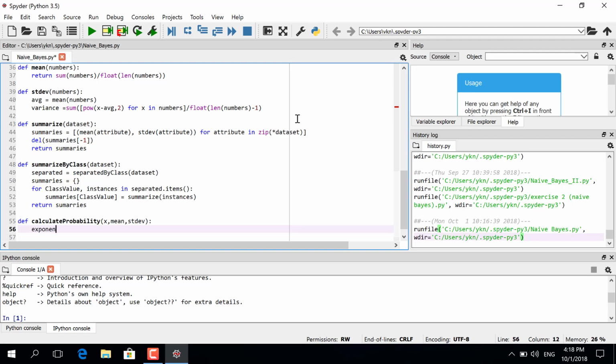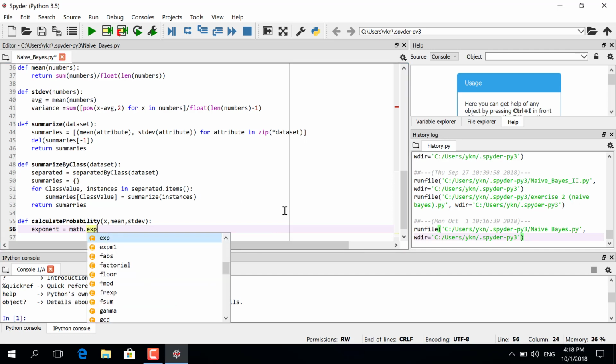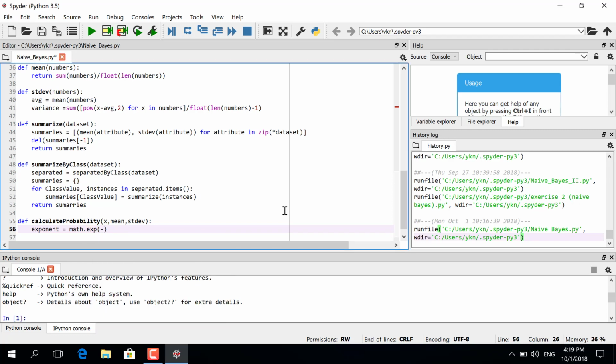First, we have to find the exponent of the equation for probability. The exponent is equal to math.exp, because we are using the math library, of minus math.pow of x minus mean, comma 2.